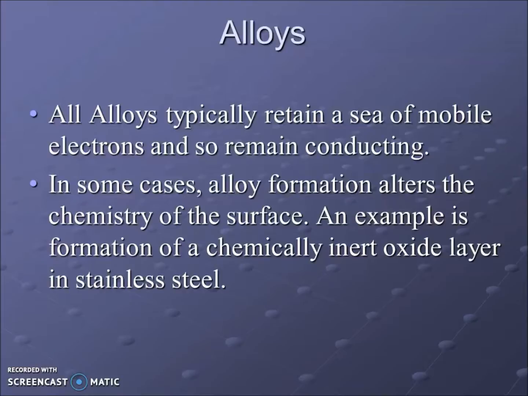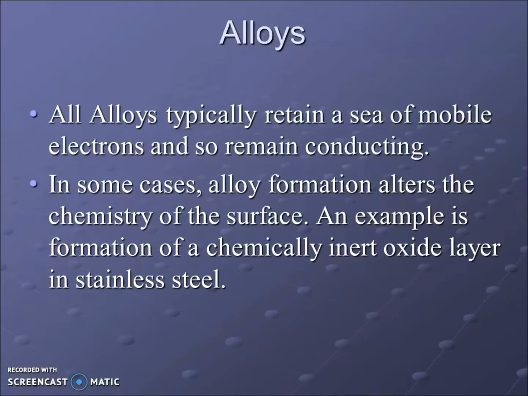And so for example, stainless steel. Iron is the main ingredient in steel. One of the bad things about iron is that it rusts. So that's a problem if I'm making things that are going to get wet. I don't want them to rust. So we've invented stainless steel, which adds a layer of some chromium atoms to our iron. Now, chromium reacts with oxygen to form a chromium oxide.